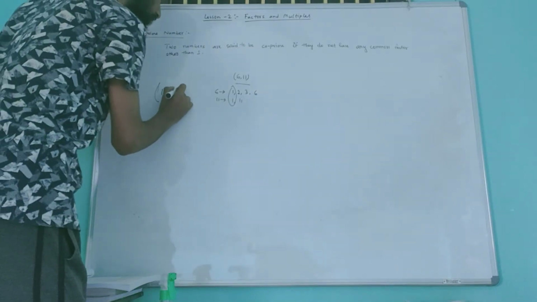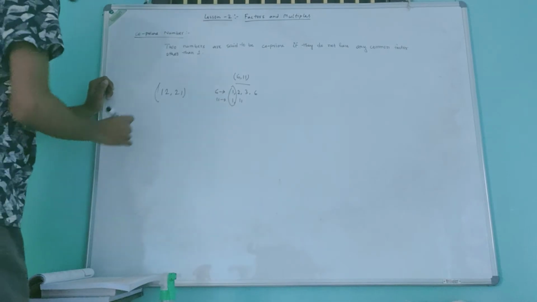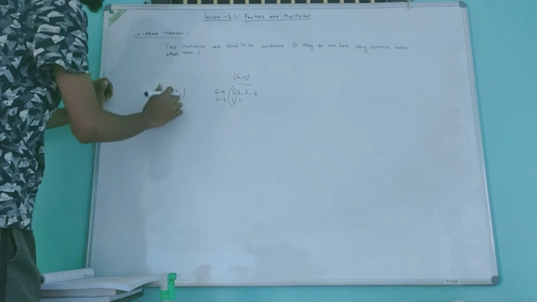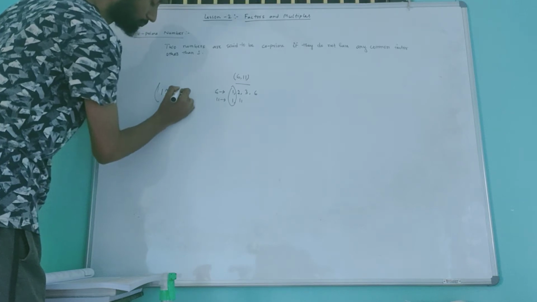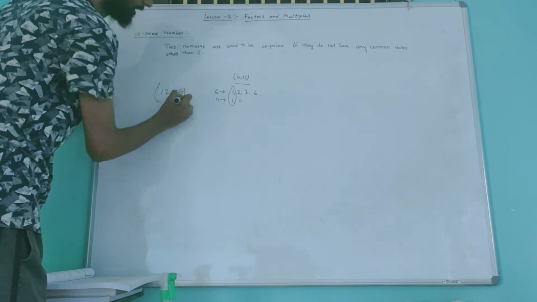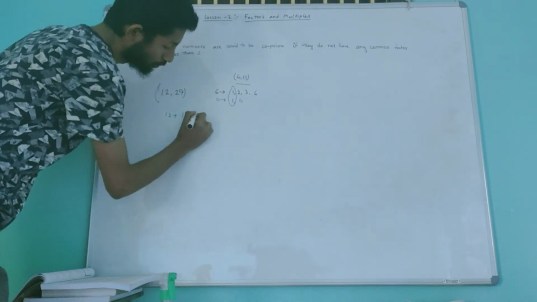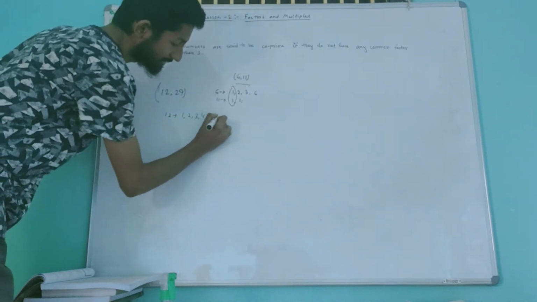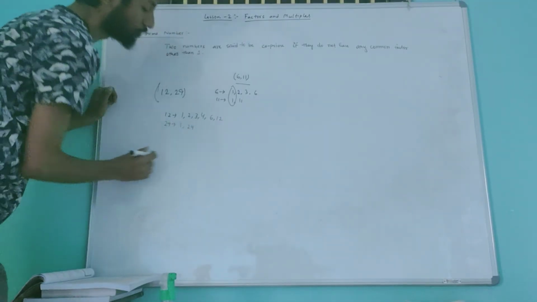If we write 12 and 29. 12 has the factors 1, 2, 3, 4, 6 and 12, and 29 has the factors 1 and 29.